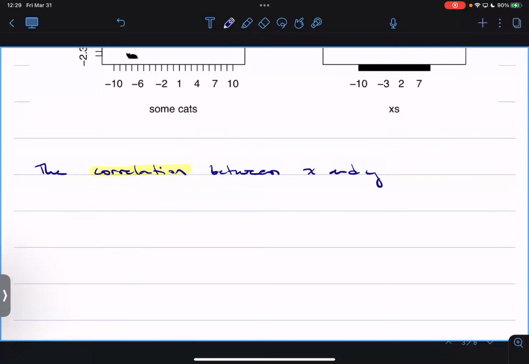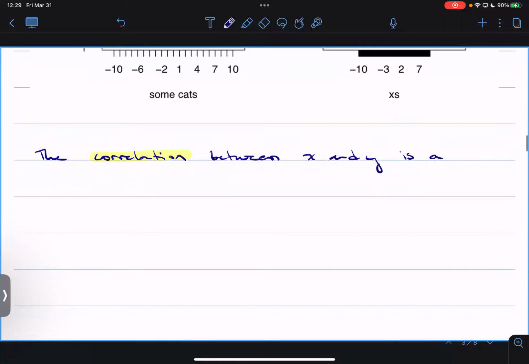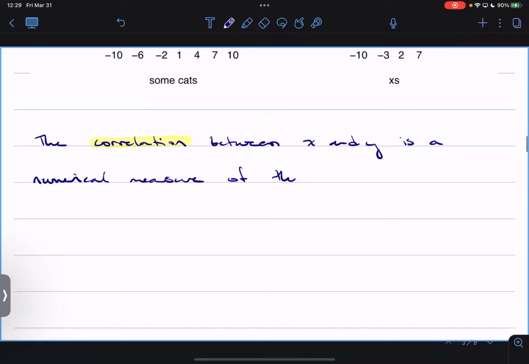So the correlation between X and Y is a numerical measure of the strength and direction of a linear relationship.